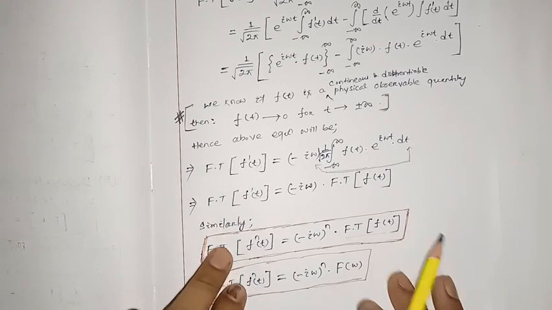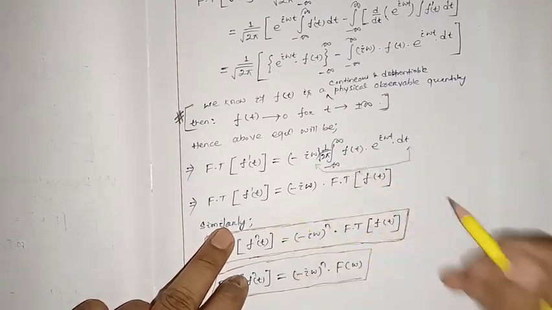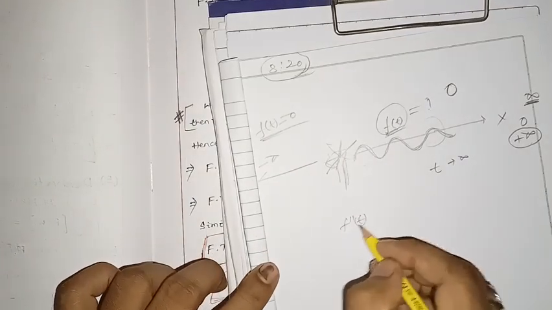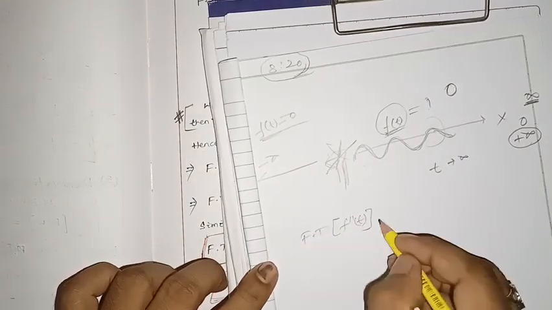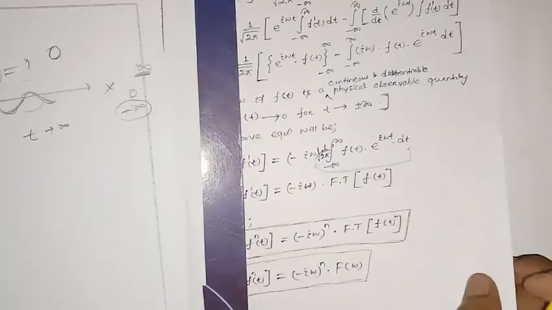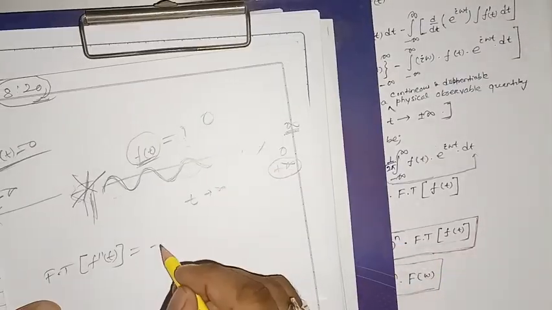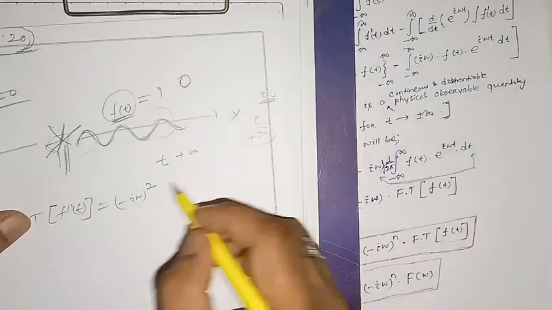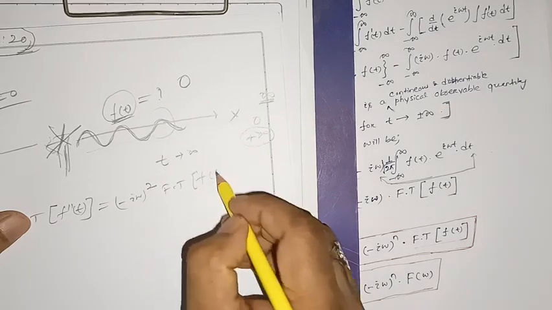Now similarly, if you consider the Fourier transform of f double dash t, then similarly you find minus i omega to the power 2 times the Fourier transform of the original function.